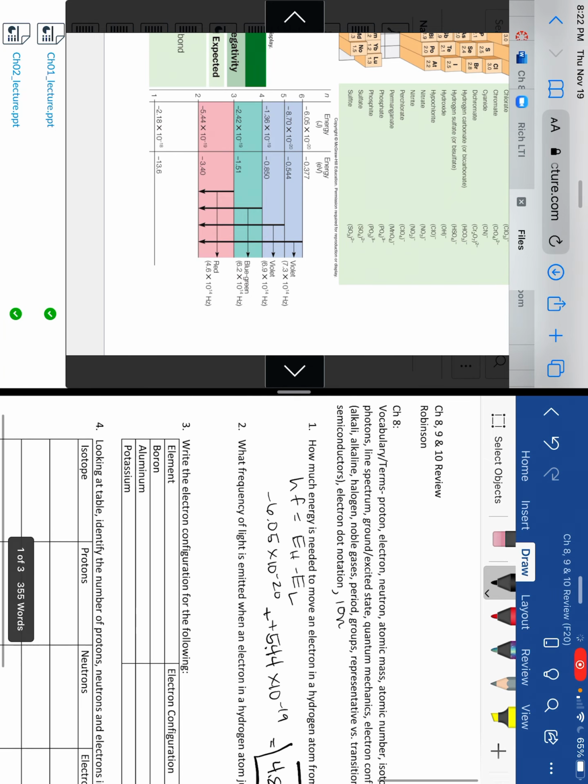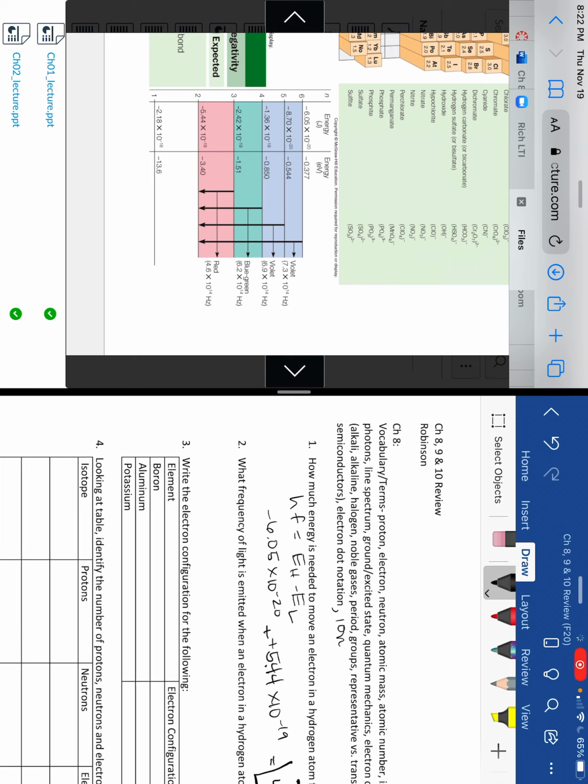Now, this is the one that needs this equation. If it just wants the energy, like on number 1, it's just that. Now this one wants you to find frequency, so you have to rearrange to solve for frequency.